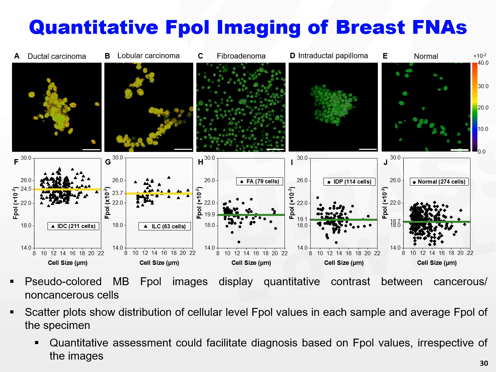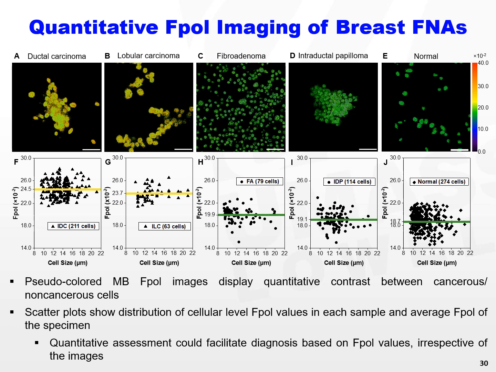For example, the ductal carcinoma and lobular carcinoma cells appear as yellow and red colors because they have higher fluorescence polarization signals versus the fibroadenoma, intraductal papilloma, and normal cells, which have lower fluorescence polarization values and appear as green and blue in color.